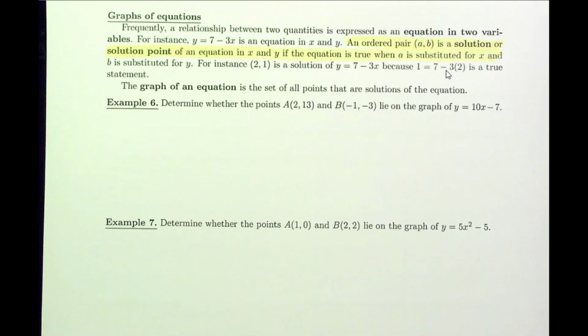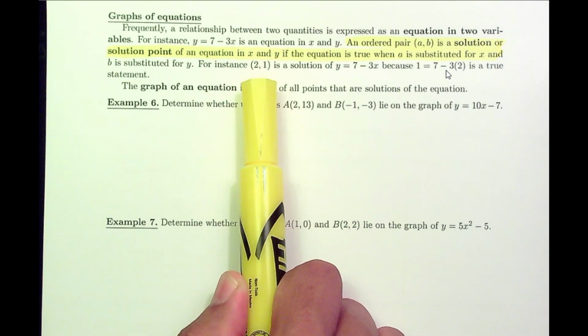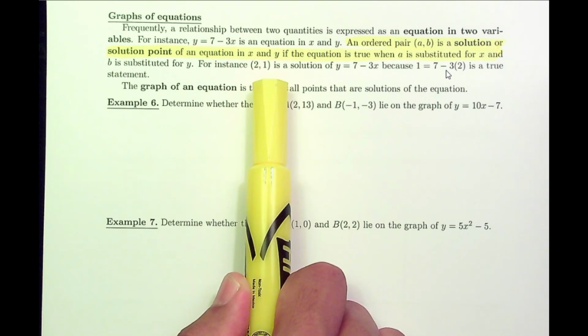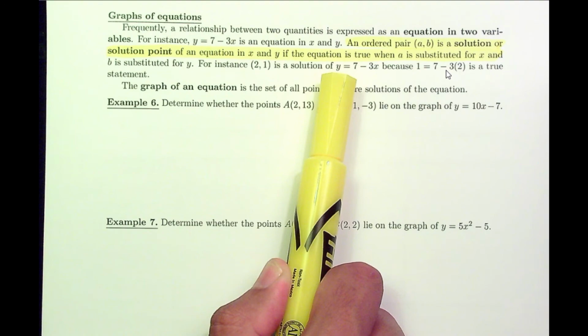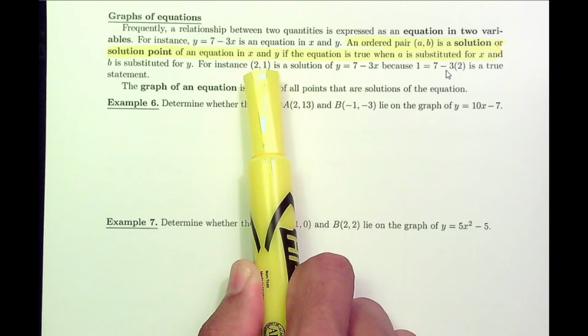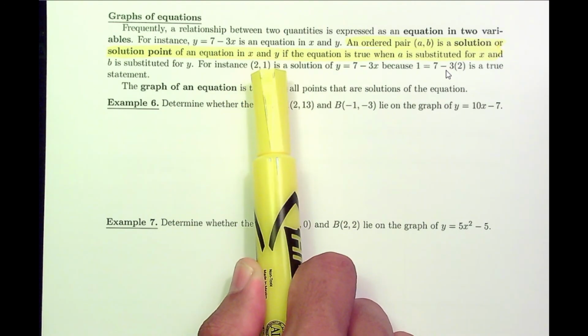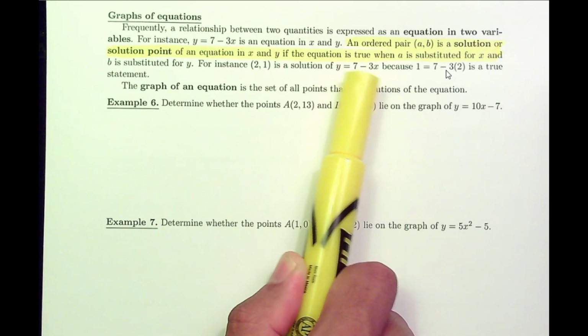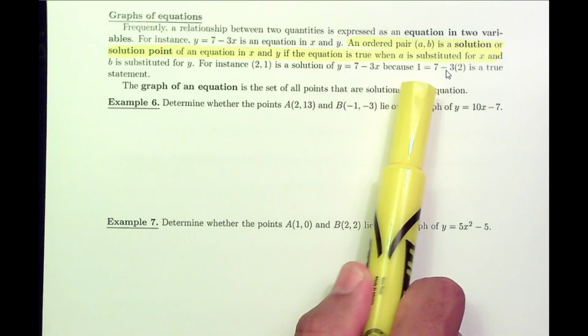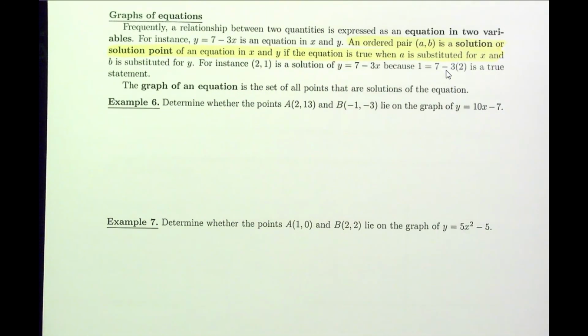in x and y if the equation is true when you substitute a for x and when you substitute b for y. So, as an easy example, the point 2, 1 is a solution or a solution point of this equation because when you plug in x equals 2 and y equals 1, when you replace the x and the y with these numbers, you get something that is true.